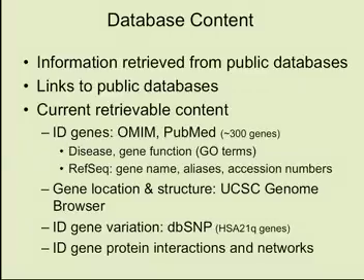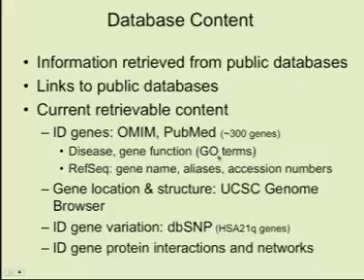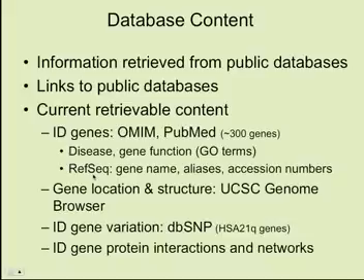In addition to simple gene lists, associated with this is the disease caused when these genes are mutated. We also provide gene function in what are known as GO terms, or gene ontology terms. This is a uniform standard for describing gene functions. We also provide basic information, gene name, and aliases, so you don't need to know the correct name for your gene.